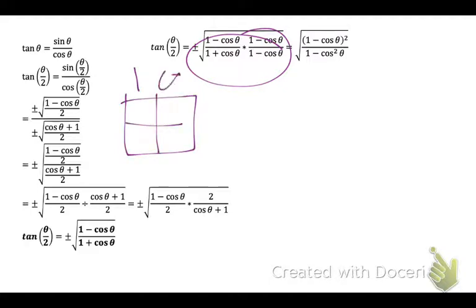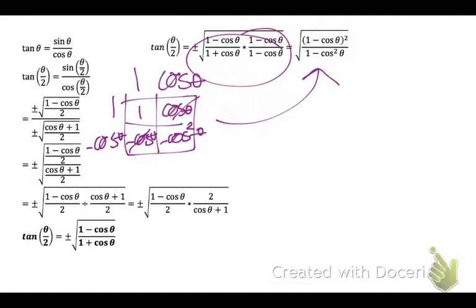So 1, cosine of theta, 1, negative cosine of theta. So this is 1, this is cosine, this is negative cosine, this is negative cosine squared. So then those cancel and you're just left with this. These ones were the same exact thing, so they just become squared.